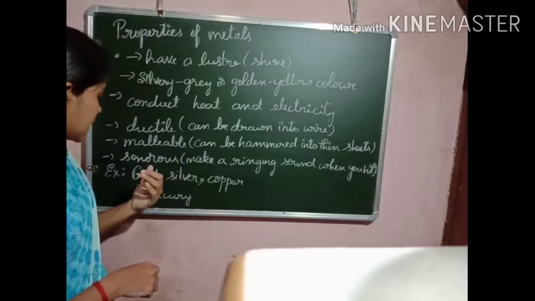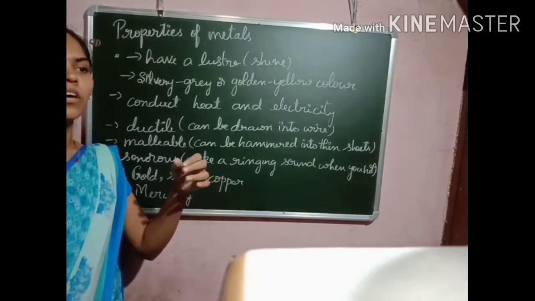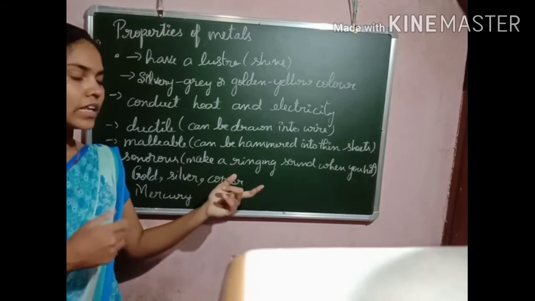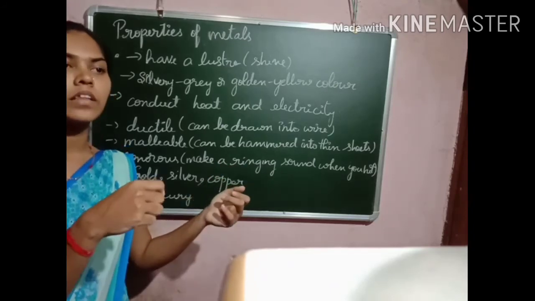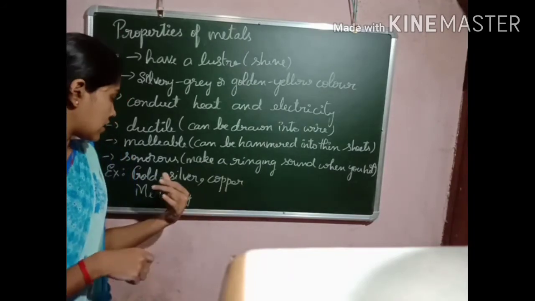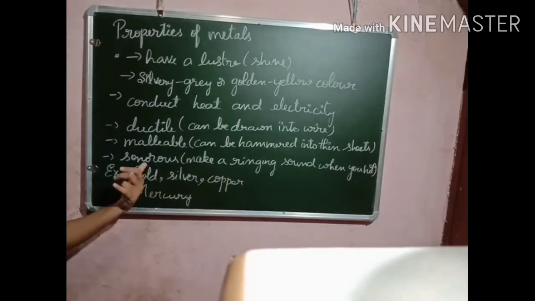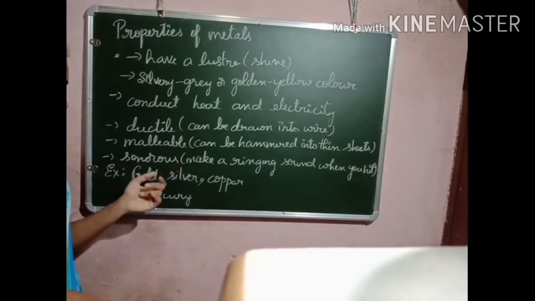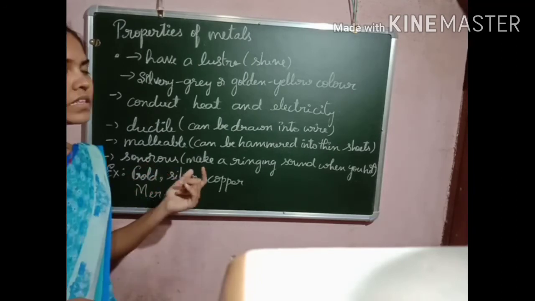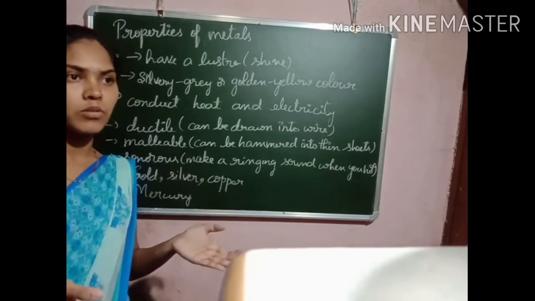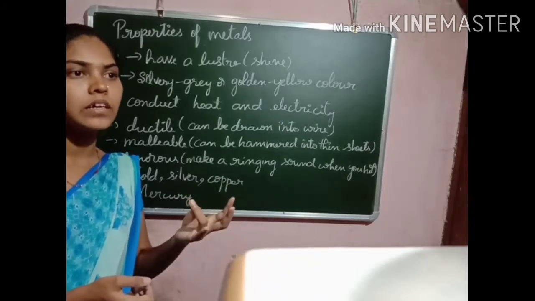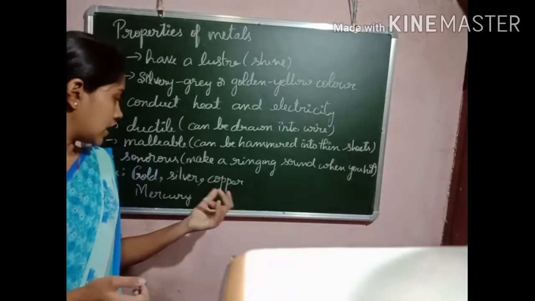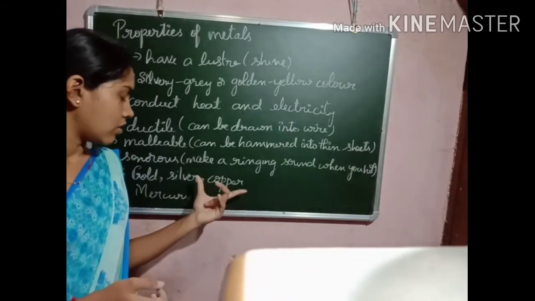The next property is sonorous. When you hit metals, you get a ringing sound. That property is known as sonorous. Examples of metals you are familiar with: gold, silver, copper, iron, aluminium, and mercury.